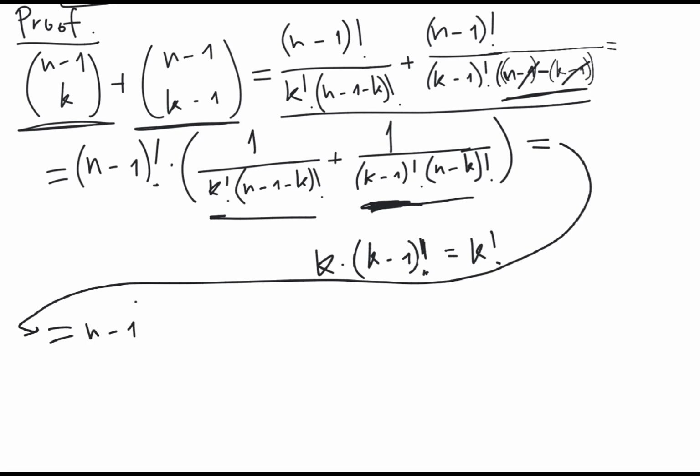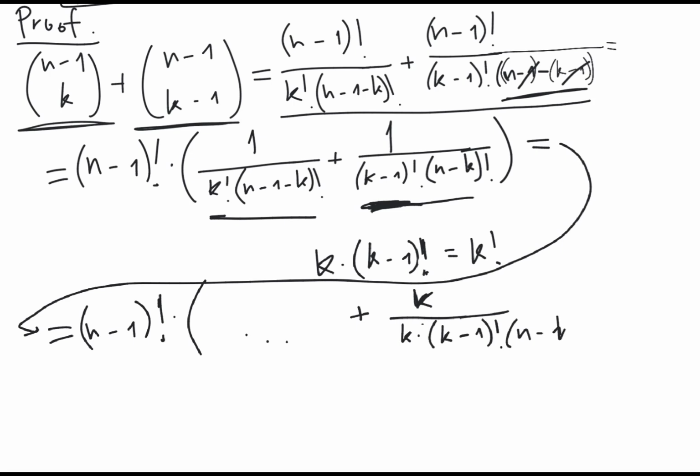So n minus 1 factorial multiplied by, let's leave the first fraction for now. In the second fraction we multiply both the numerator and denominator by k, right? So k over k times (k minus 1) factorial times (n minus k) factorial.